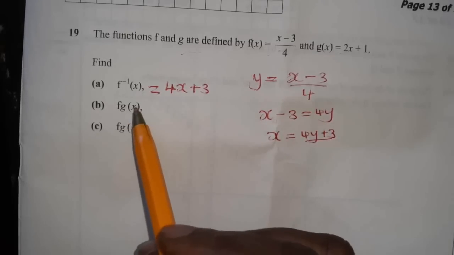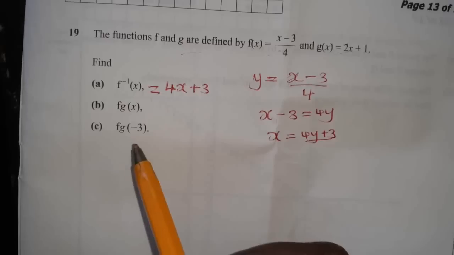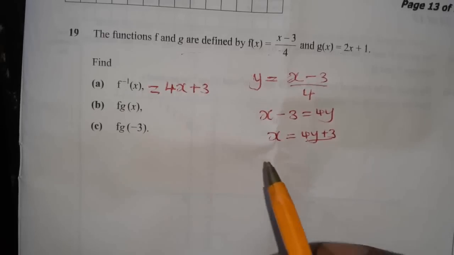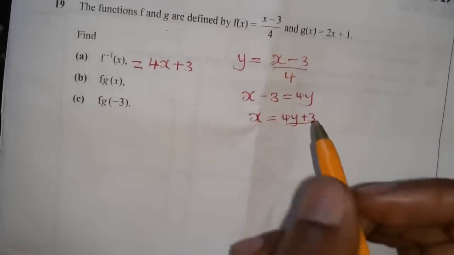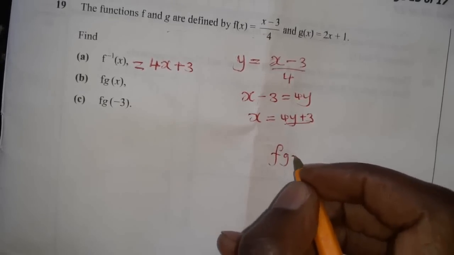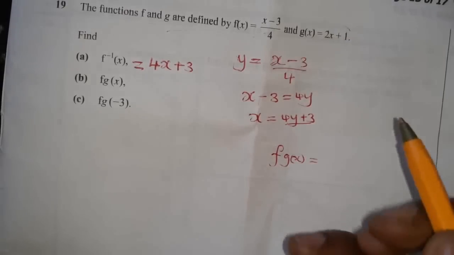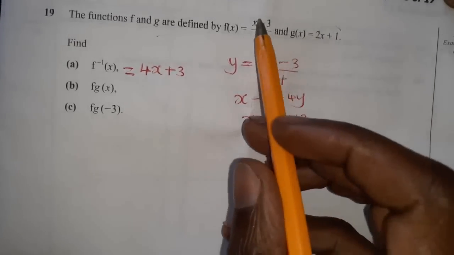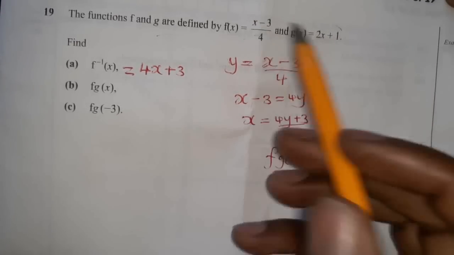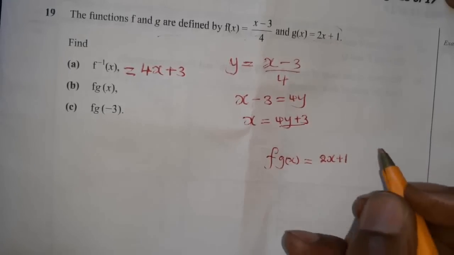Then we have a composite function, f of g, g into f. So meaning in f, where we have x, we must put this function for g. Where we have x here, we are going to write 2x plus 1.